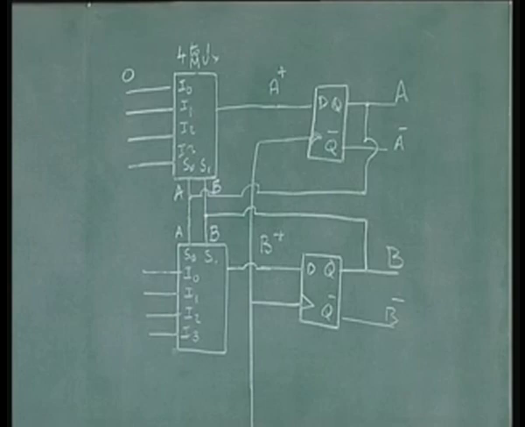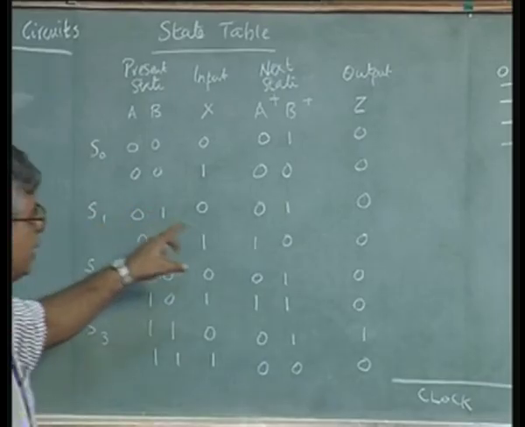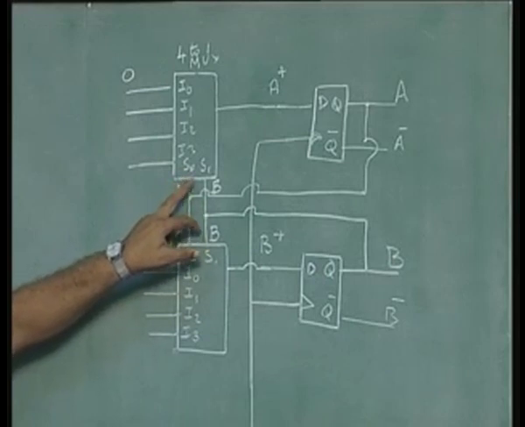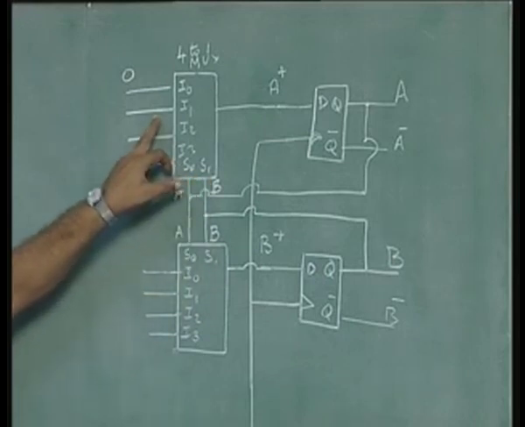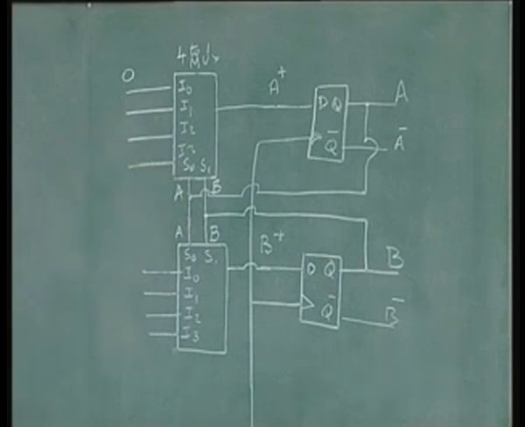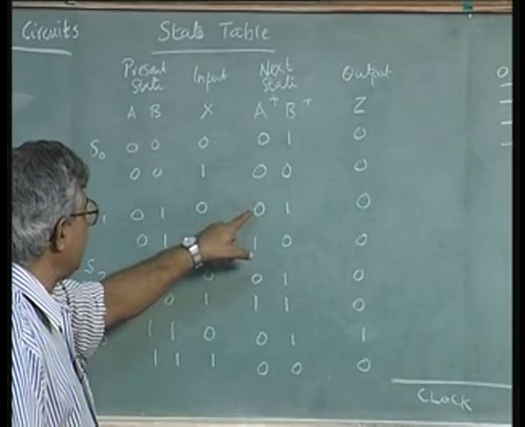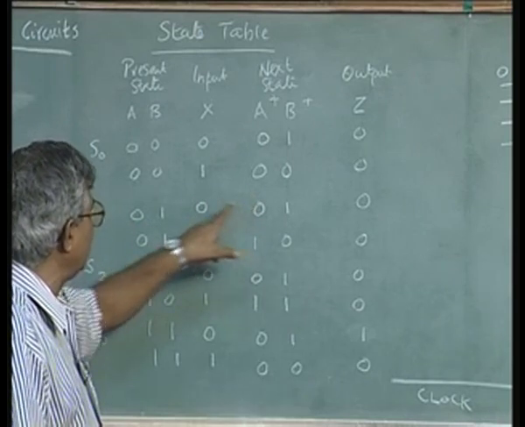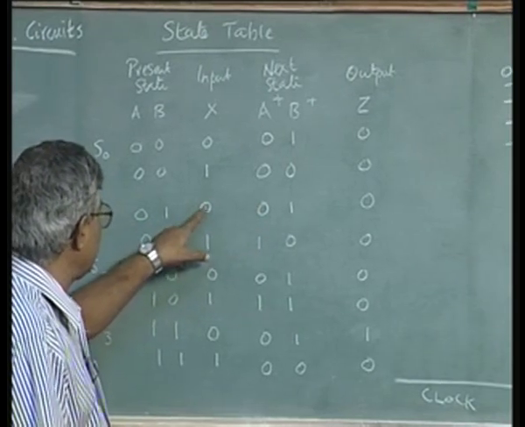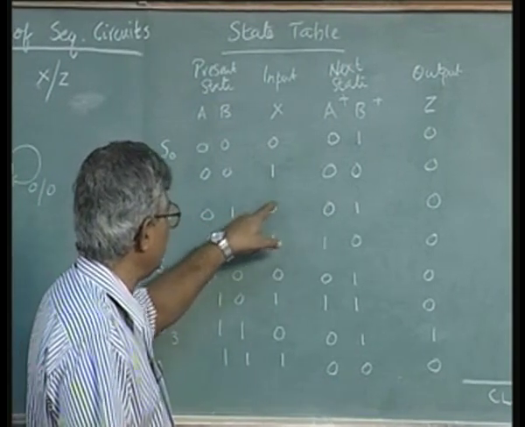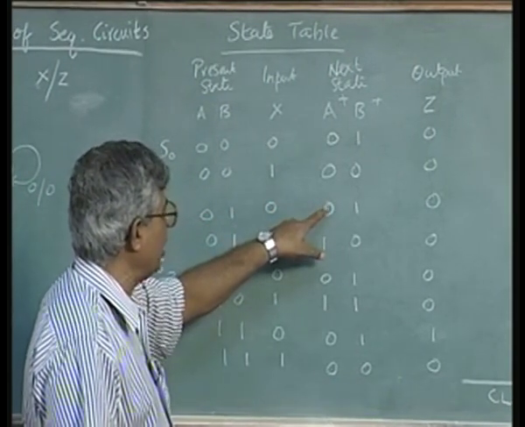You go to the next, the present state is 0, 1, that is the corresponding combination is 0, 1. S1 corresponds to the 0, 1 combination, corresponds to this input I1. In this case, the present state is 0, 1, the next state of the flip flop A depends on the input x. If the input is 0, the next state of the flip flop A is 0.